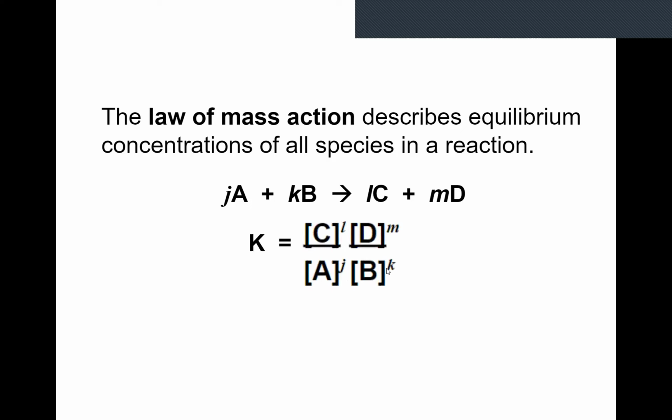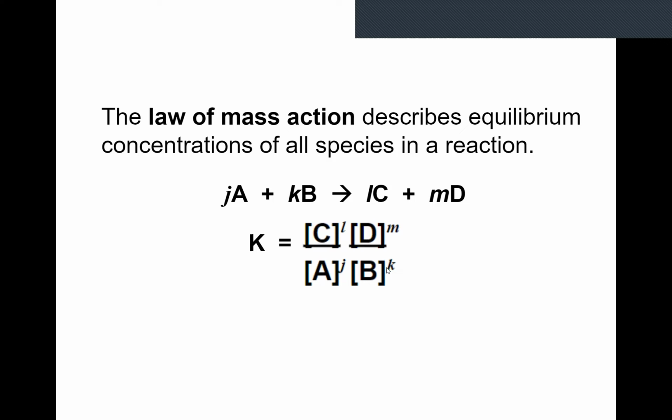K, which is the equilibrium constant, is equal to the concentration of the product C, raised to the power of its coefficient, L, times the concentration of the other product, D, raised to the power of its coefficient, M, all divided by the concentration of the reactant A, raised to the power J, which is its coefficient, times the concentration of B, the other reactant, raised to the power of its coefficient, K.